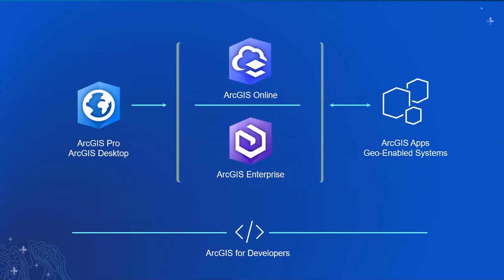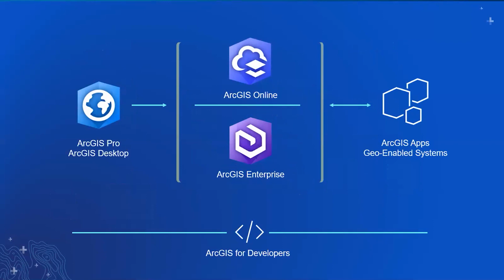And here's how ArcGIS Online and ArcGIS Enterprise fit into the overall ESRI platform. You see here, ArcGIS Pro and ArcGIS Desktop is where you're doing most of your desktop advanced analytical work. And then you share that information and content into ArcGIS Online and or ArcGIS Enterprise. And then use that data and information to create different ArcGIS applications for your users to access.